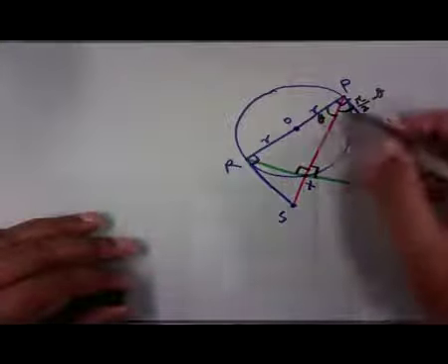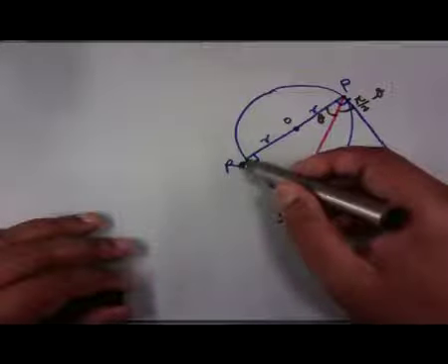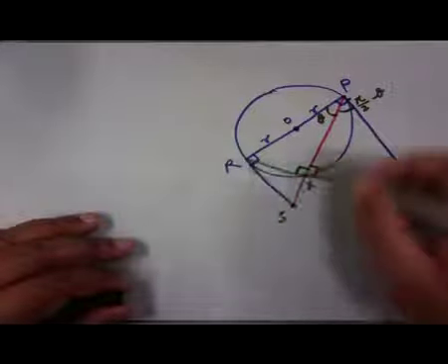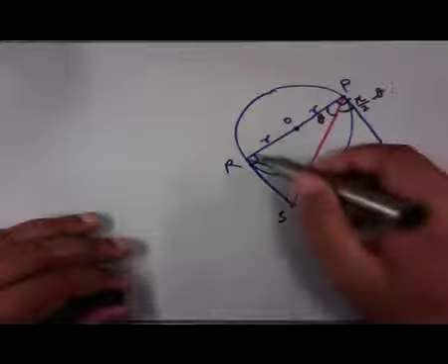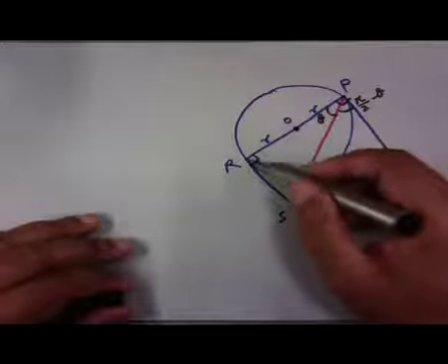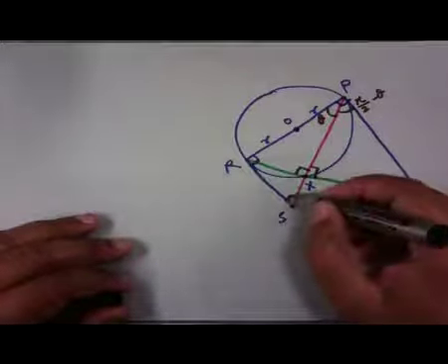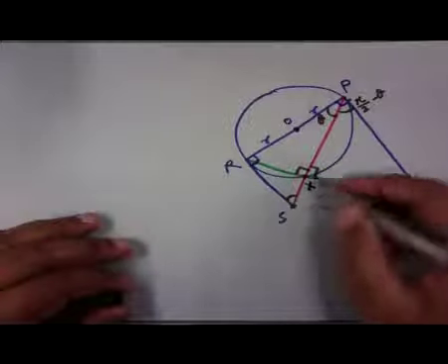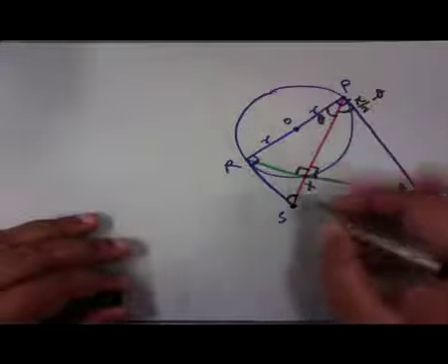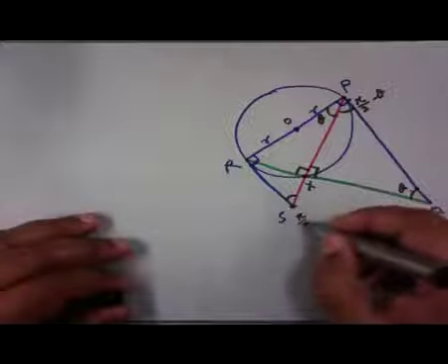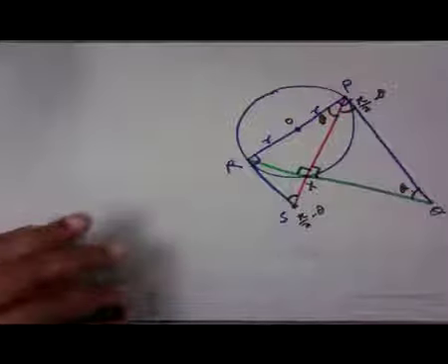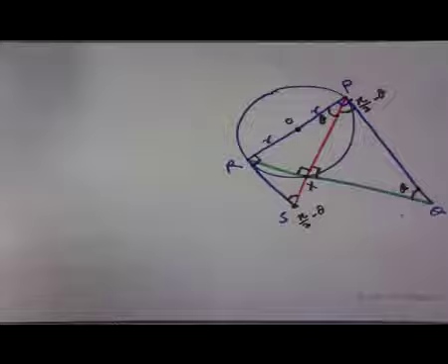Now if we look at this triangle RSP, which is also a right angle triangle, right angled at R, its angle RSP is going to be pi by 2 minus theta, because this is theta.